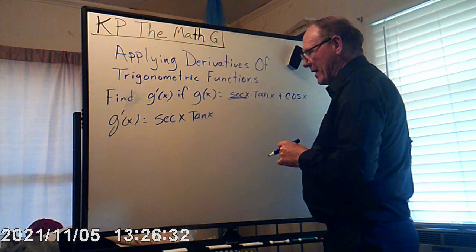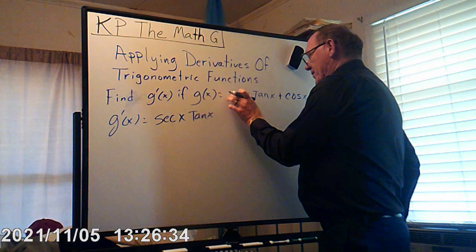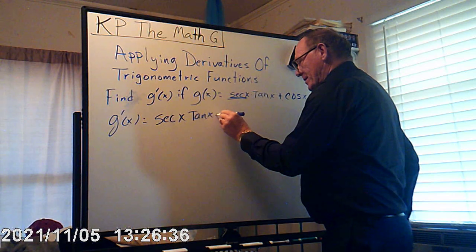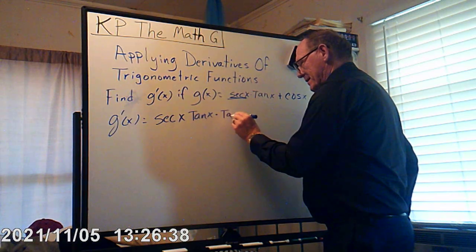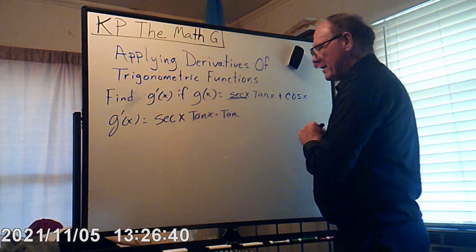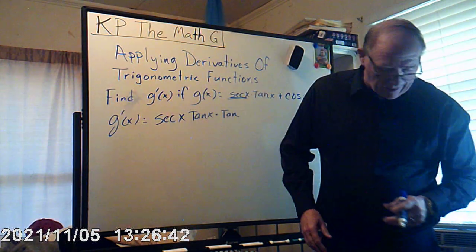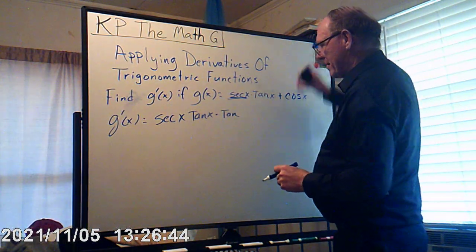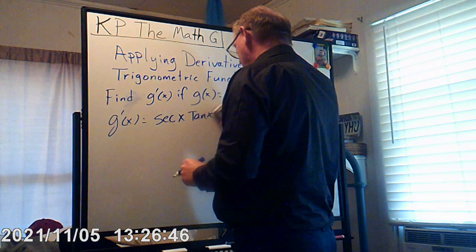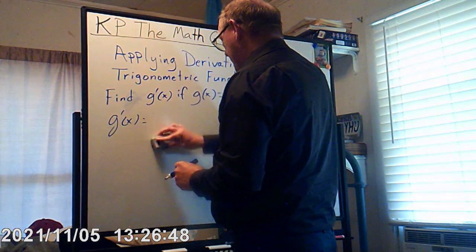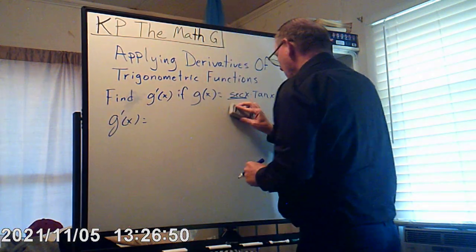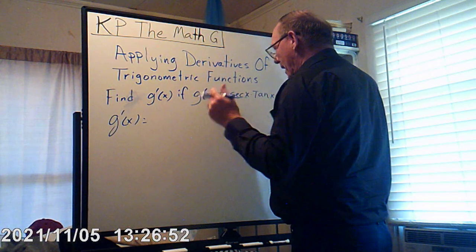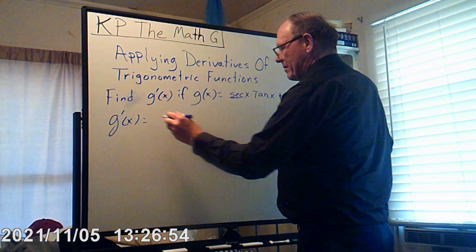Okay, so we can do the derivative of the first times the second. Well, let's rewrite it. I want to do it correctly. Actually, we can do the first times the derivative of the second, it doesn't matter.